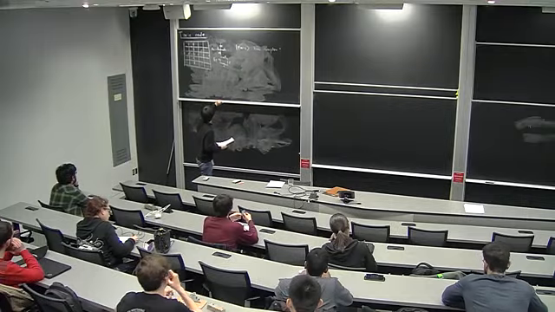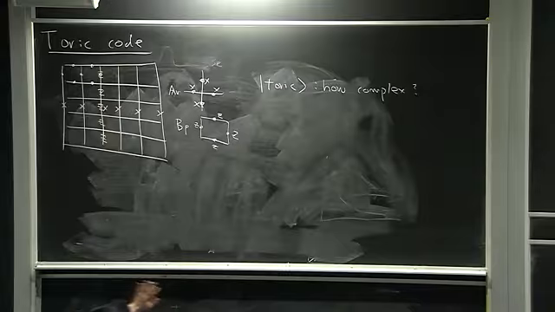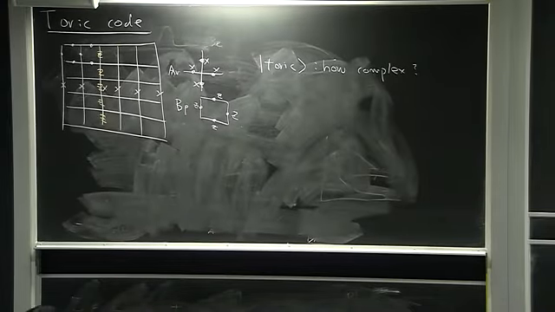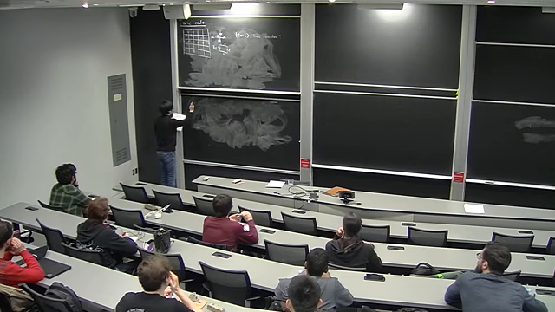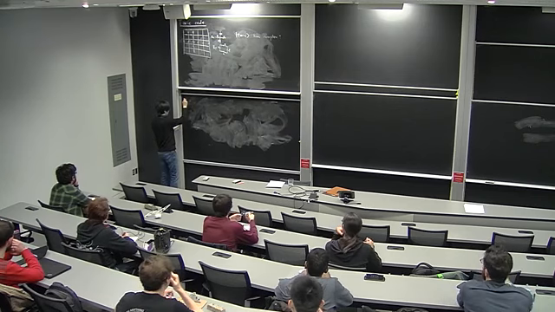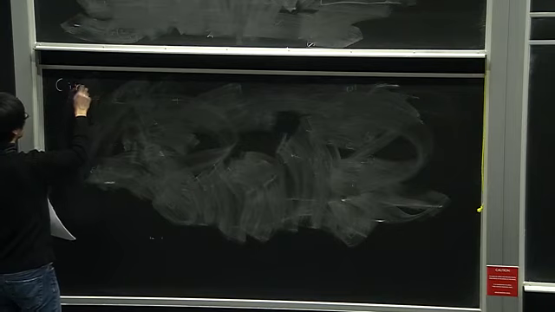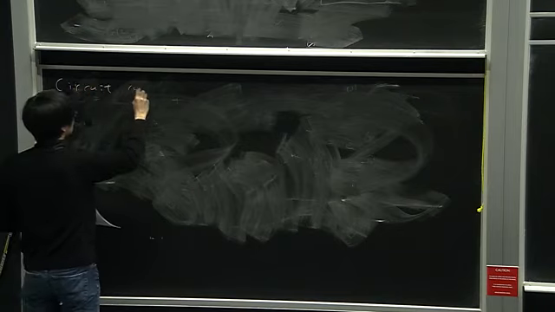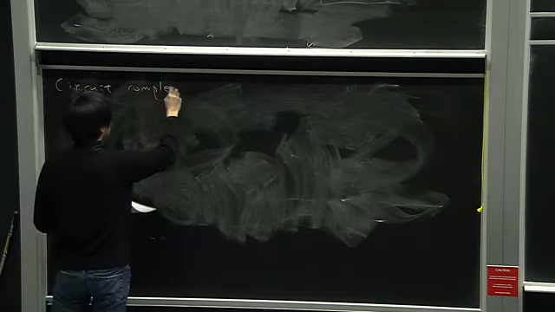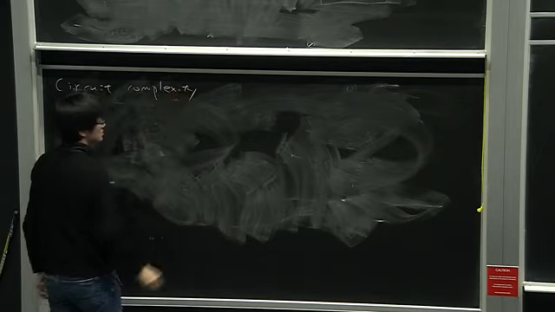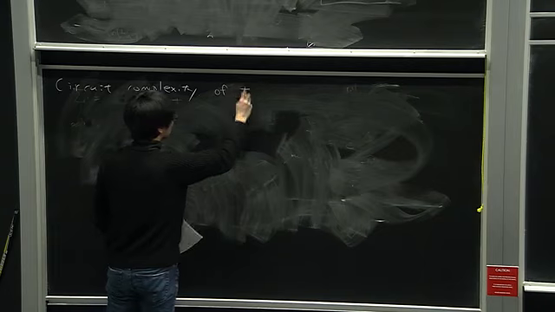Now, for this purpose, we are going to discuss the so-called circuit complexity of the toric code.